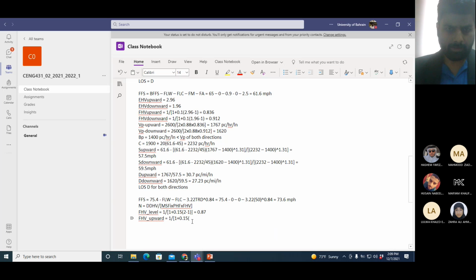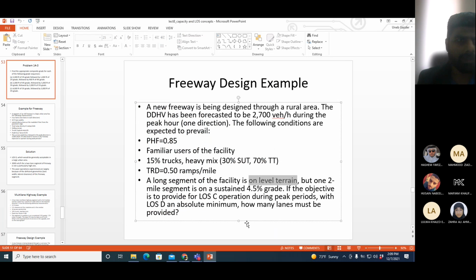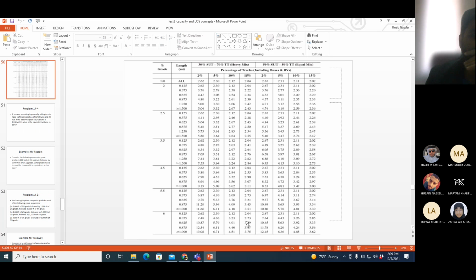Okay, now I need the equivalency factor for upward condition. If I go there, I have a table for that. Now, the mix is given as heavy mix. Heavy mix means 30% SUT, 70% TT. This is the mix which is given. The table which we used yesterday was for standard mix, which is the reverse of heavy, 70% SUTs and 30% TT.